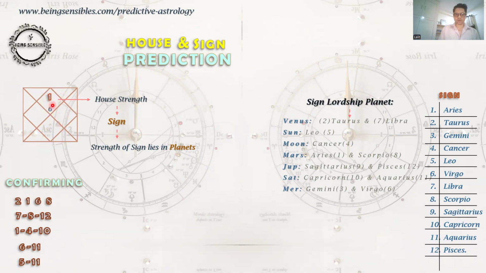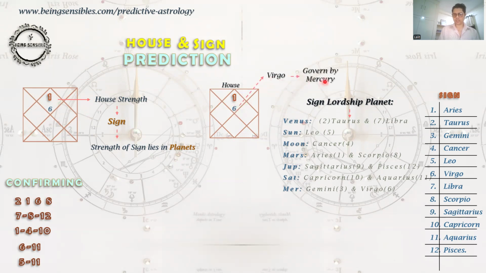As we know, astrologically, house strength is defined by the sign, and the sign is defined by the strength of the planet. When we come to understanding the sign, say the sign is Virgo, it is governed by Mercury.